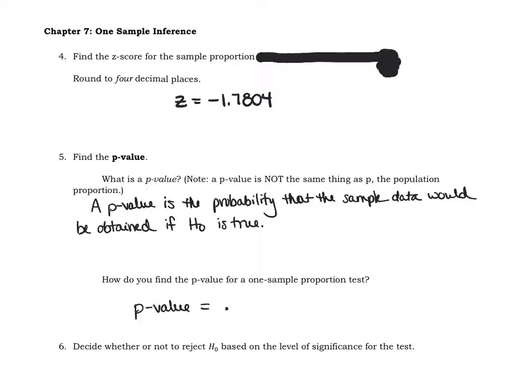The p-value is the 0.0375, and that's the one that we want. Okay, so from the calculator, you want the value of p, not the value of p hat. When we write a p-value, you actually do have to write out p-value. P by itself, remember, is the symbol for the population proportion. So you do need to write out p-value.